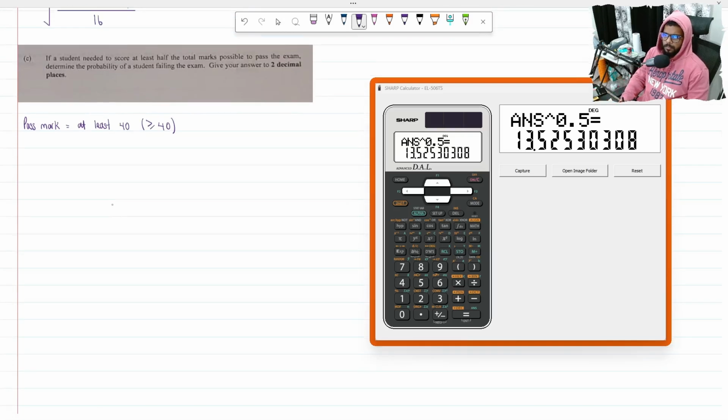So let F be the event that a student fails the exam. The probability of F, the probability that a student fails, is equal to 3 over 17.